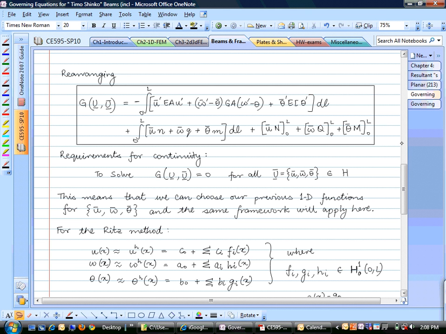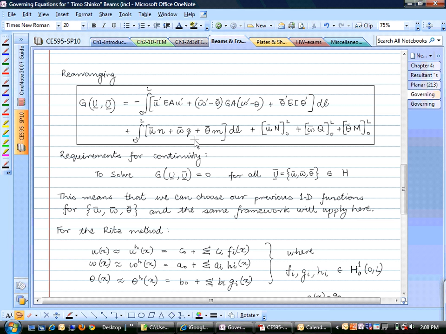All right, so in order to make all those approximations, to use the Ritz method or the finite element method, we need to choose certain functions. So how do we choose those functions? Here is the question: if we make sure that this G is equal to 0 for all u bar, you choose any u bar, if this G is 0, then I can be sure that my equilibrium equations are satisfied.